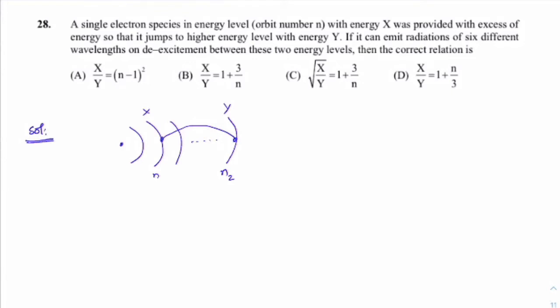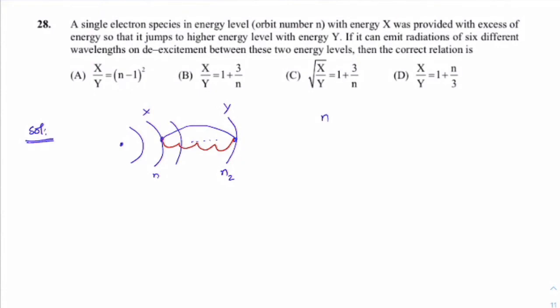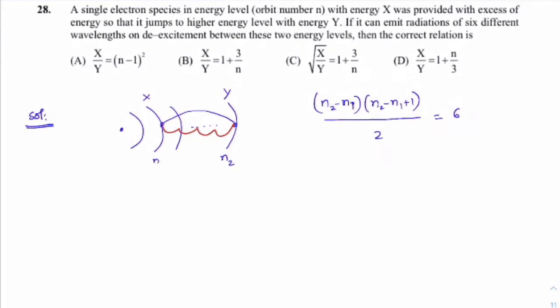Now during de-excitation, which means when this electron is coming back, it is giving 6 different wavelengths. Okay, so I can use the total number of spectral lines formula here, which shows that (n2 minus n1) into (n2 minus n1 plus 1) divided by 2 will be equal to 6. This is what is given. Now I can say that (n2 minus n) into (n2 minus n plus 1) is equal to 12.